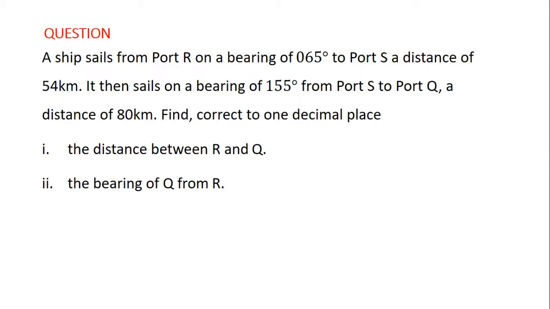As we learned in the previous video, whenever you are given a question like this, the first thing you need to do is to read the statement carefully and then draw an appropriate diagram for the statement. So, let's go over the question again.